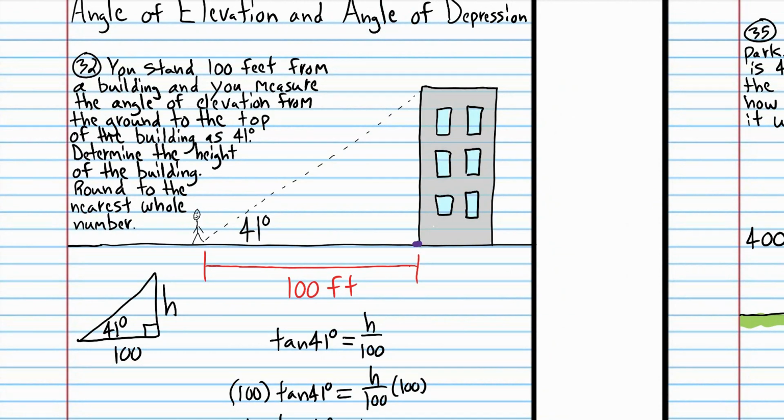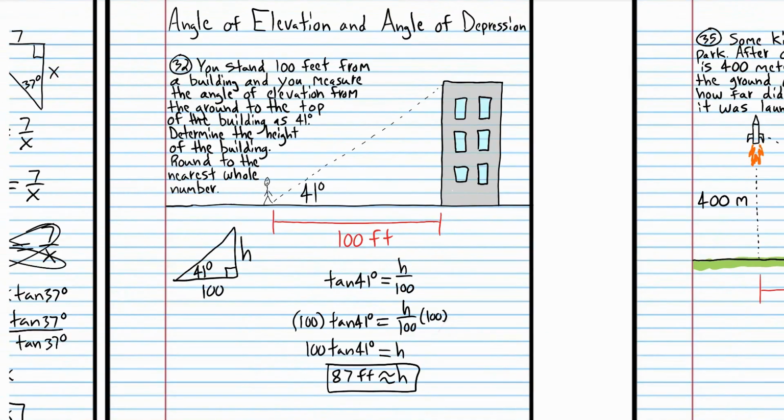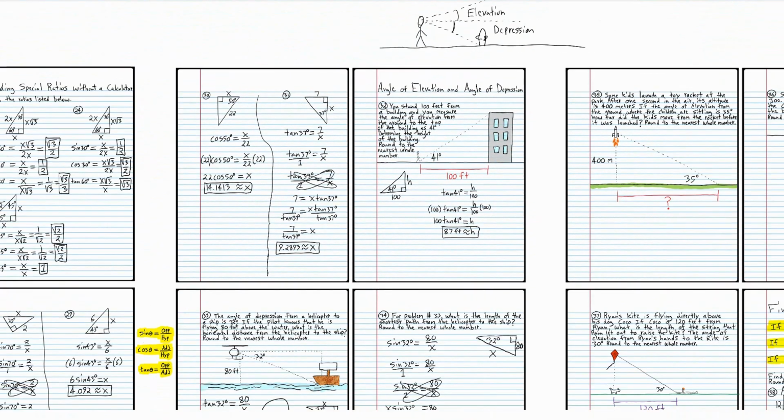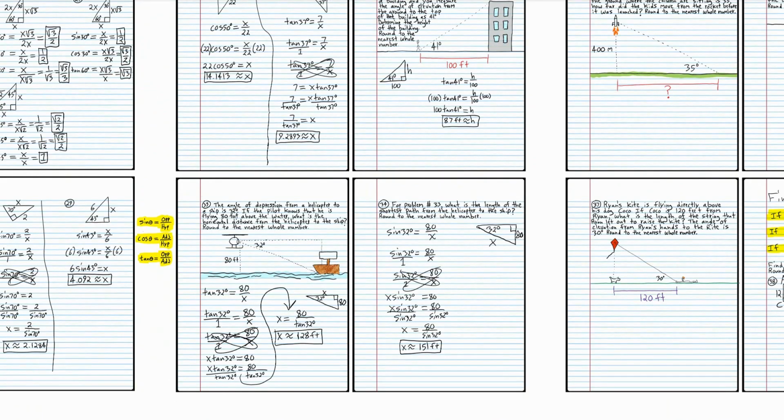But it might be pretty easy just to measure how far away you are from the building. And if you had an instrument that measures angle, then you can measure the angle that you have to look up to get to the top of the building. Engineers do this all the time. So with this angle and this length here, you can figure out how high the building is without actually going up into the building. And that's extremely important for engineers and sometimes for scientists.